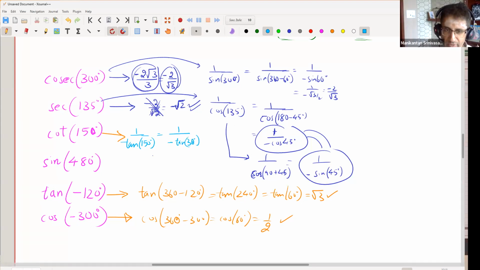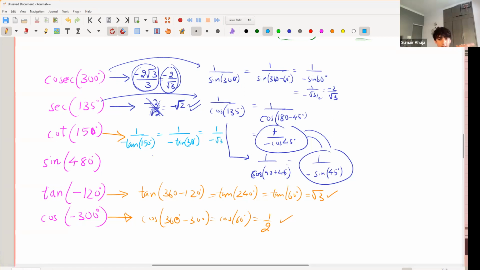Which quadrant is this? The second one. Correct. And therefore it's 1 upon minus tan 30, which is how much? Square root 3 by 3. So the last step is minus root 3. Yeah, minus root 3.